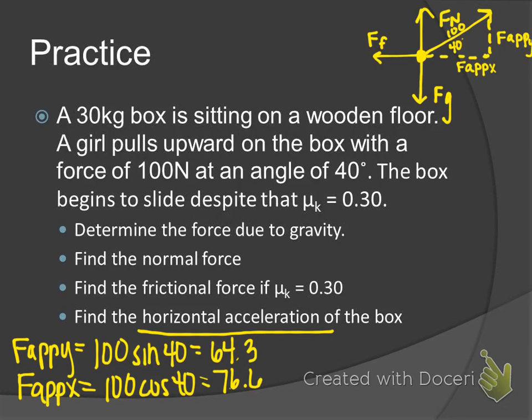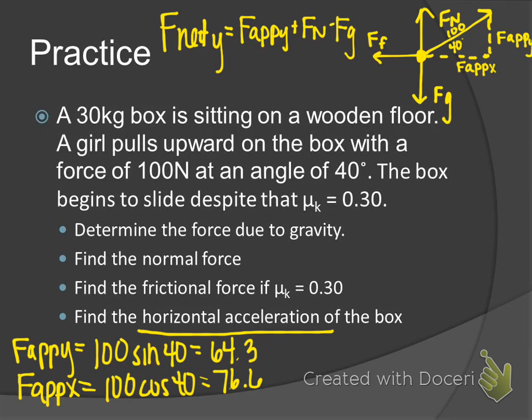All right. So let's go about solving for this normal force and our force due to gravity. We can do it all in one step if we want. So what's our net force equation in the vertical direction? Upward force minus downward, so F applied y plus the normal force minus gravitational force.